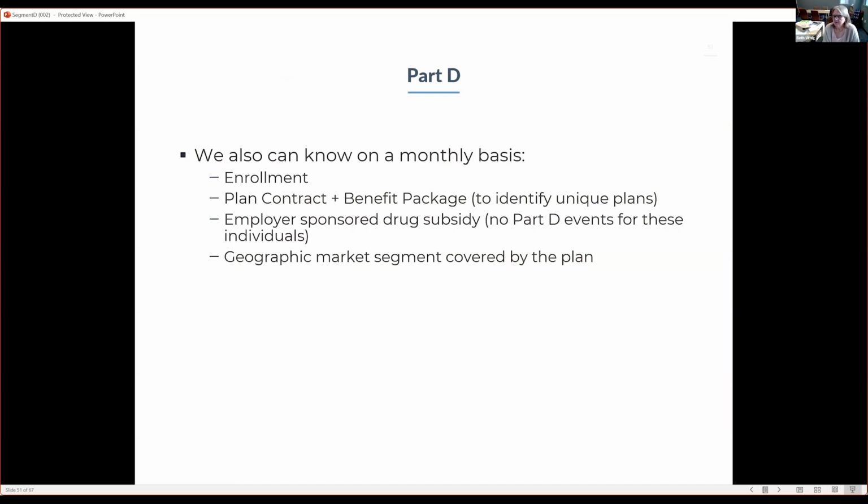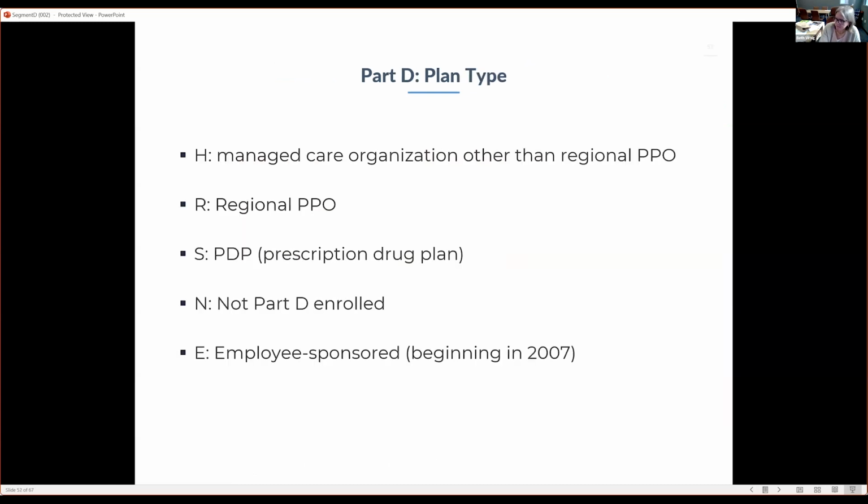For Part D, again, on a monthly basis, we can know enrollment, plan contract, benefit package, employers, and drug subsidies. These would be people who say they don't need Part D, and the market segment covered by the plan. Plan types, we've got choices here.